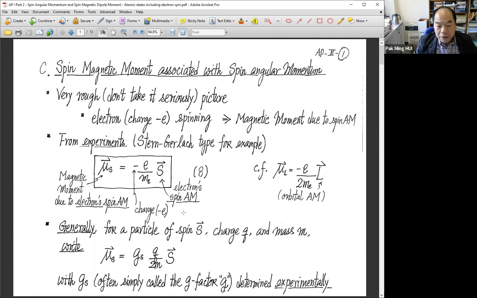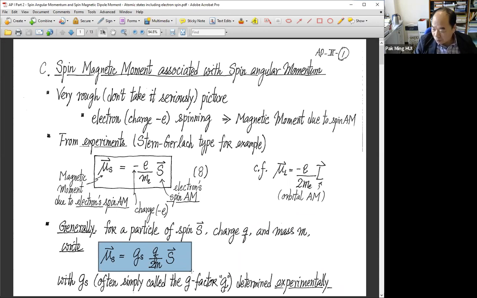Later on, we found that every particle can carry a property called spin. So generally, when a particle with charge q and mass m has a spin S, the accompanying spin magnetic dipole moment is given by this expression.